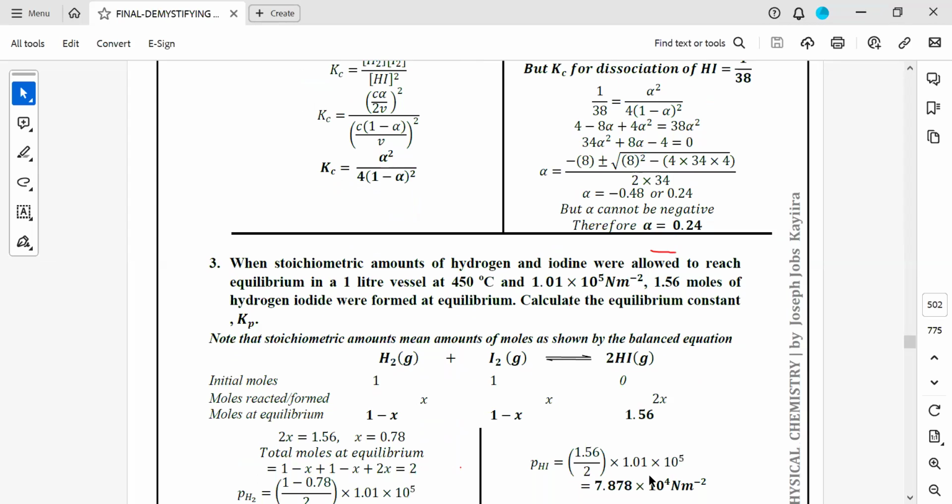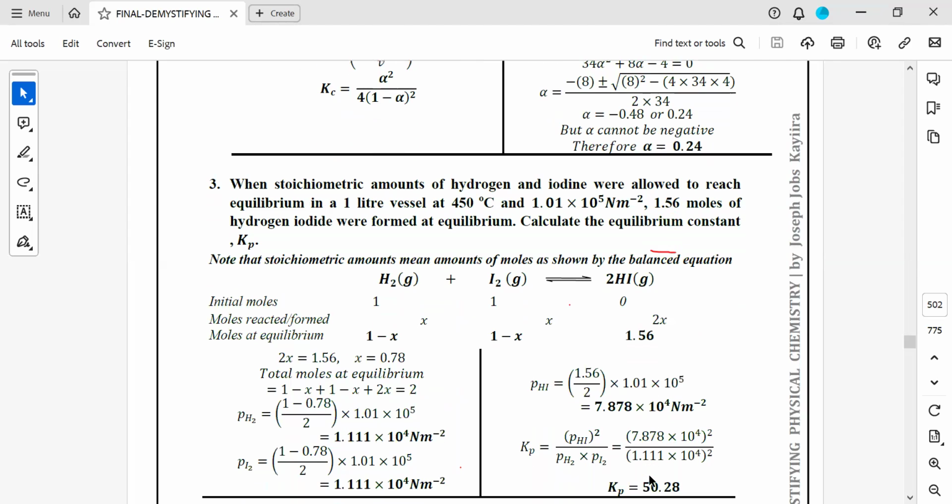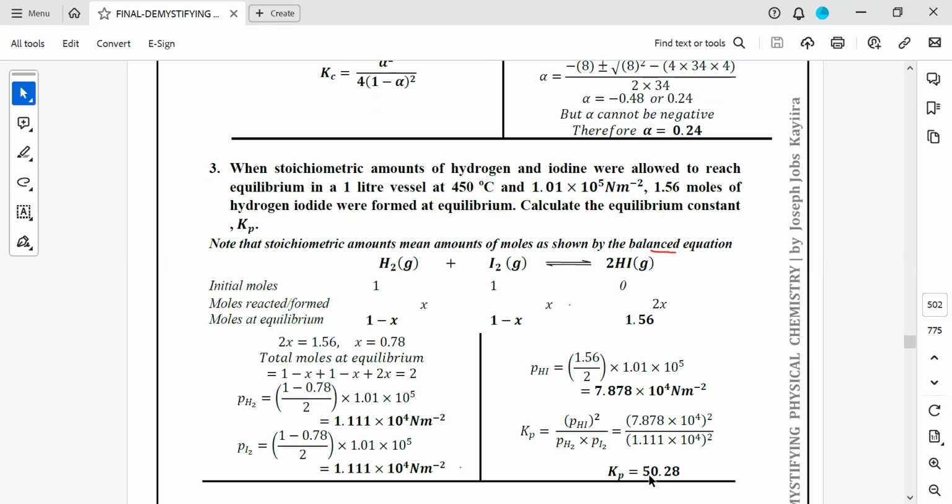So, of course, we are going to let the number of moles that reacted be x. Then we'll have 2x for hydrogen iodide, and 1 minus x for hydrogen and 1 minus x for iodine at equilibrium. Since the number of moles of hydrogen iodide at equilibrium is given, 0 plus 2x equals 1.56, and we get the value of x, which is 0.78.